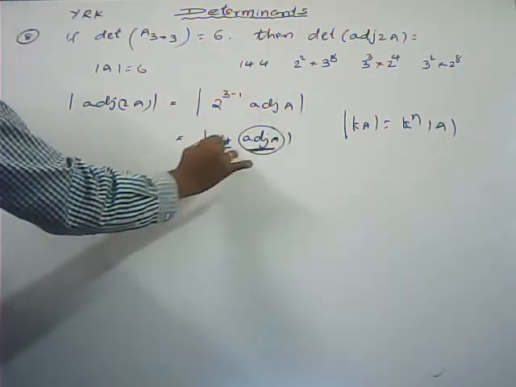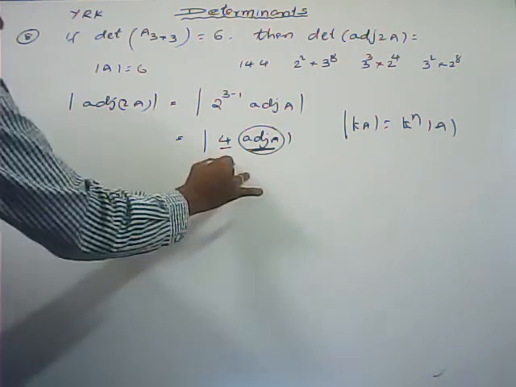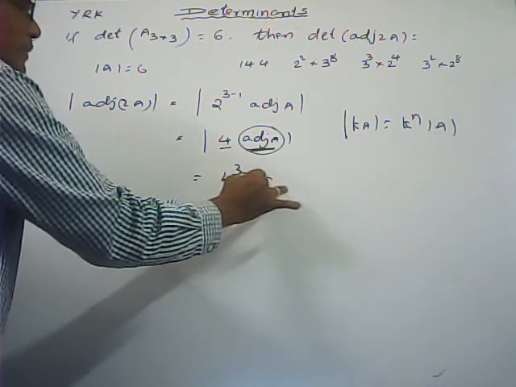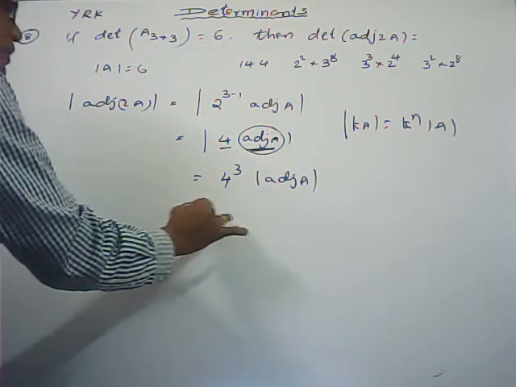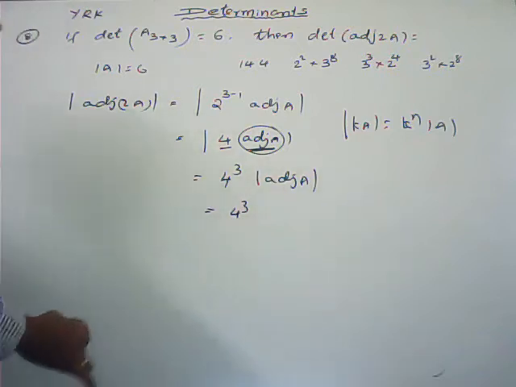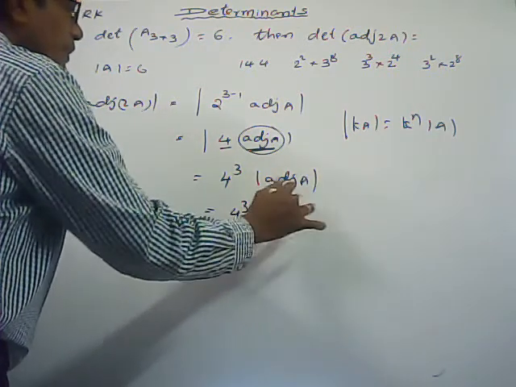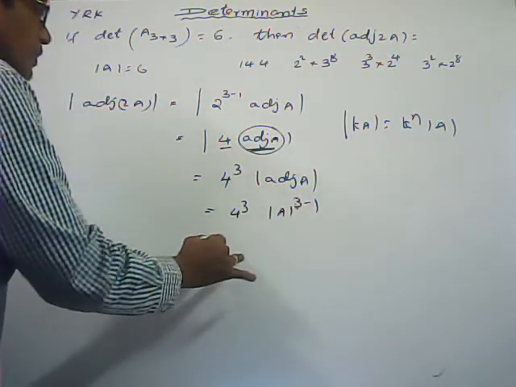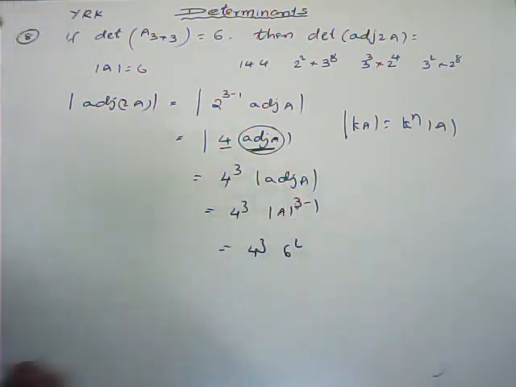Det of K into A, K power n, 4 power n into det A. In the place of A, here adjoint of A is there. That is equal to 4 cube into det of adjoint of A, det A whole power n minus 1. N is 3, 3 minus 1. That is equal to 4 cube into 6 square.